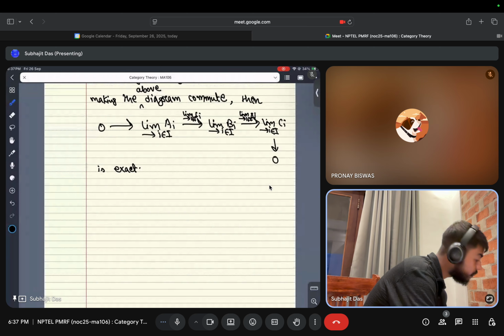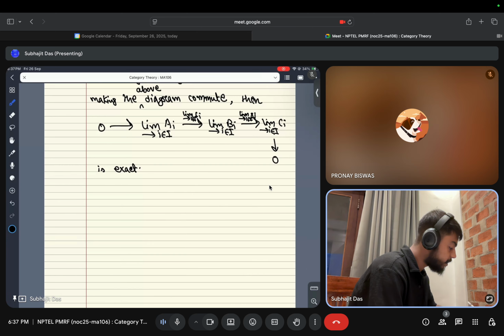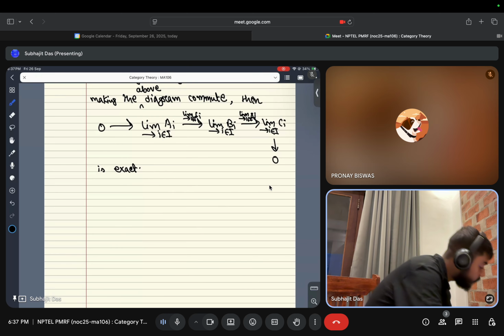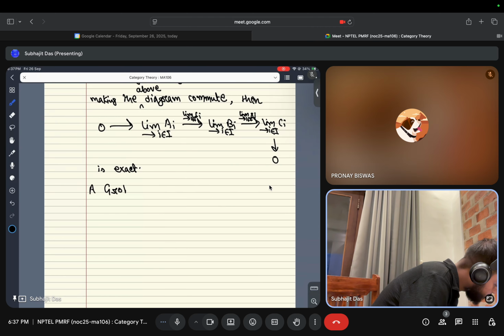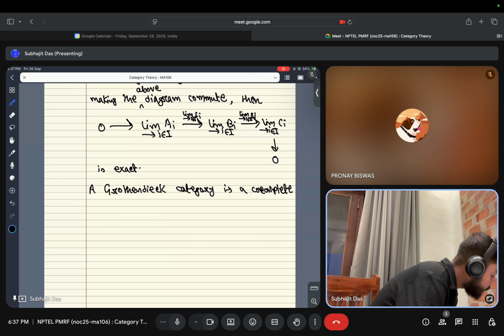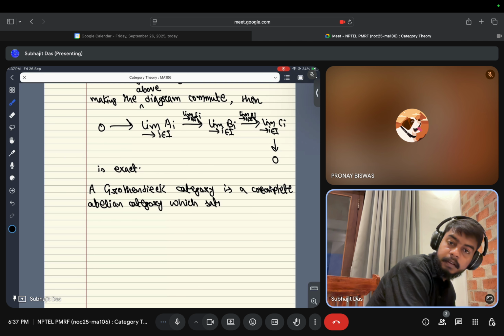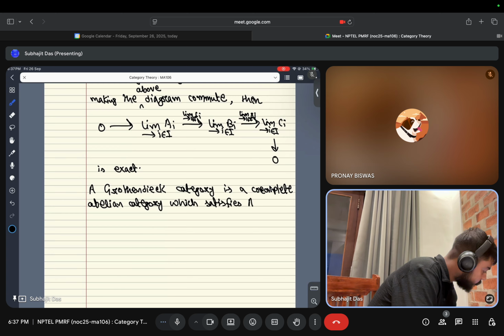So I'll quickly go through the rest of the stuff. Oh, by the way, a Grothendieck category is a co-complete abelian category which satisfies AB5 and has a generator.